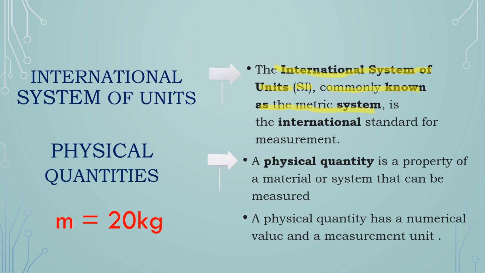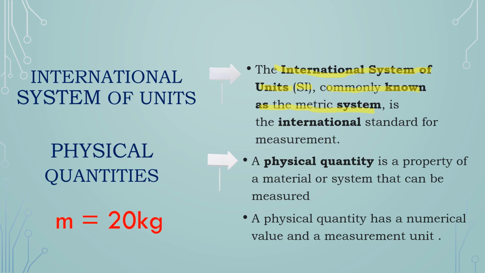English unit were historically used in nations once ruled by the British Empire. Today, the United States is the only country that still uses English unit extensively. Virtually every other country in the world now uses the metric system, which is the standard system agreed upon by scientists and mathematicians.